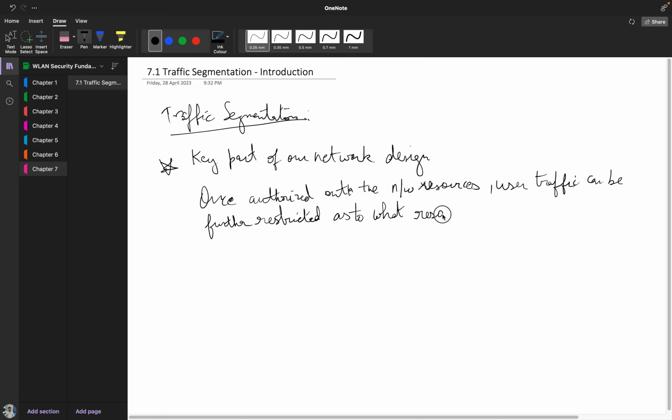That is basically what traffic segmentation is all about.